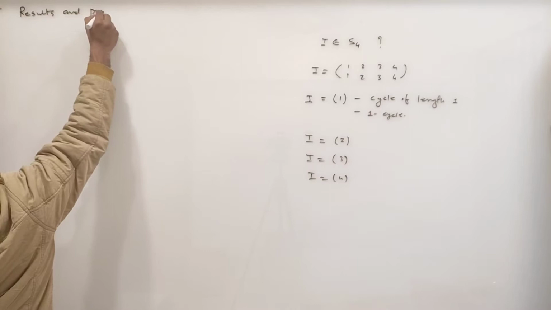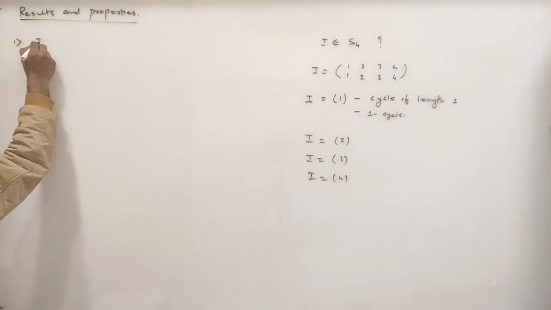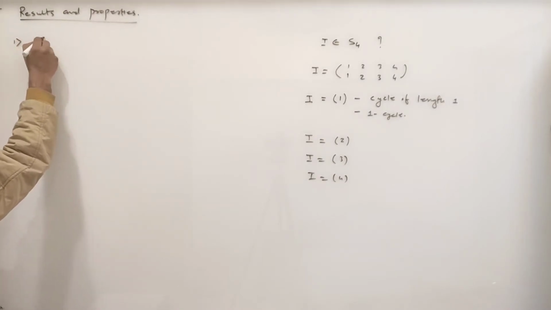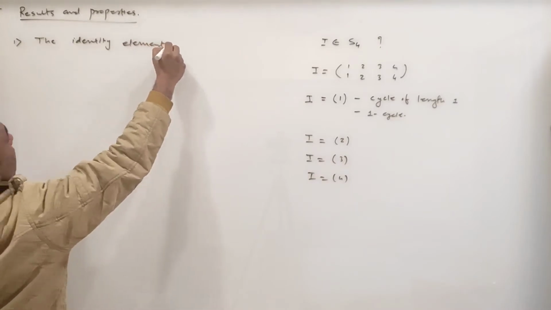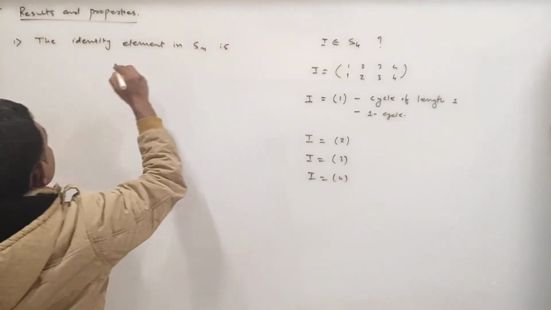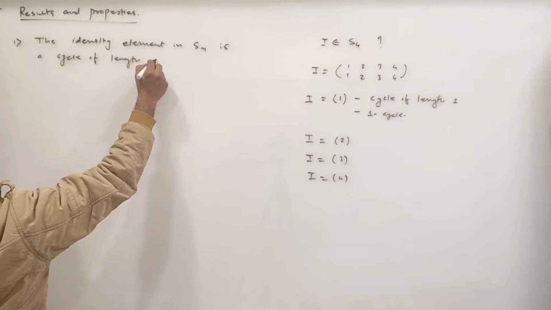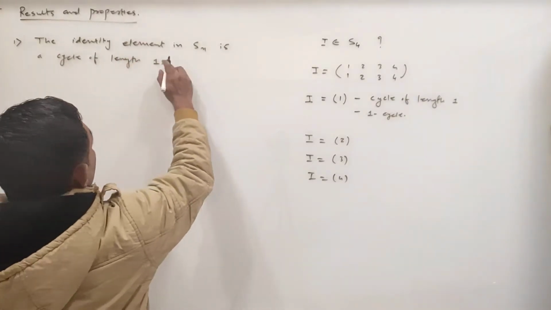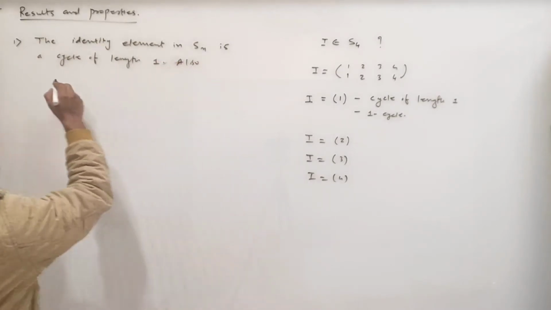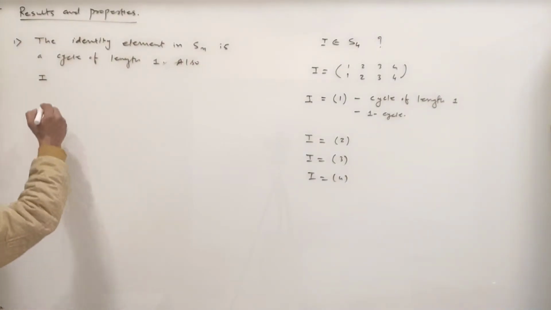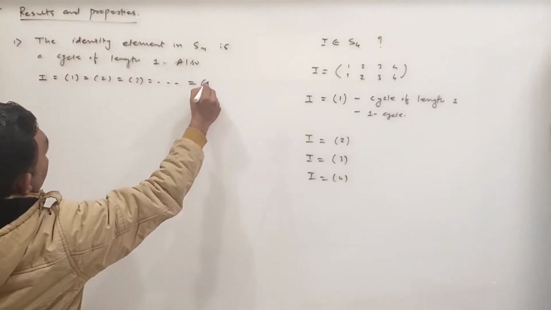So first one: the identity element in Sn is a cycle of length 1, and moreover, if I is the identity, then I can be written as 1, or you may say 2 or 3, and so on in this way.